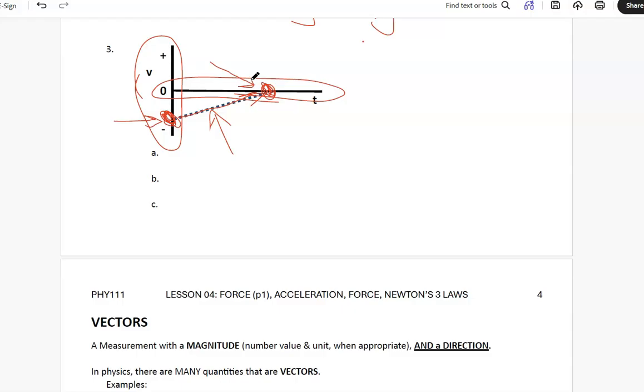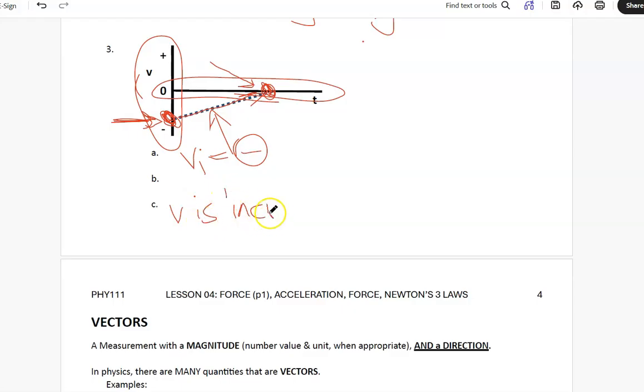So what does this mean? It means the initial velocity is some negative value. It's this value right there. And over time, the velocity is increasing. It's becoming more towards the positive range, but it actually increases until it gets to 0. So we see that the velocity is increasing.